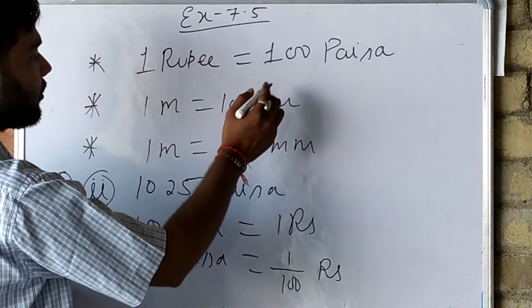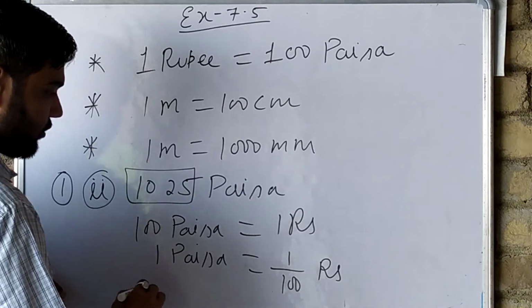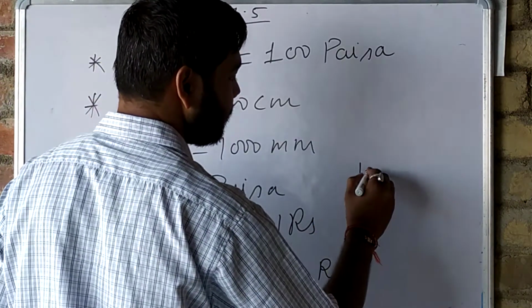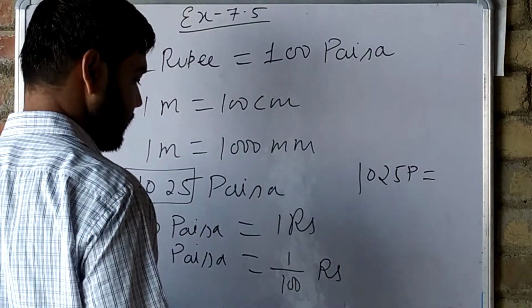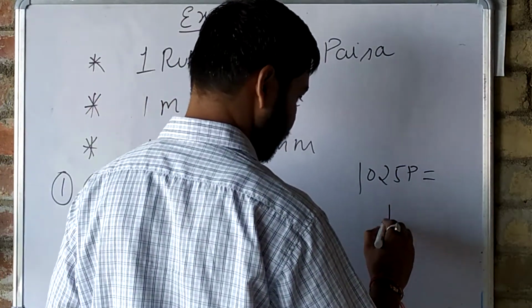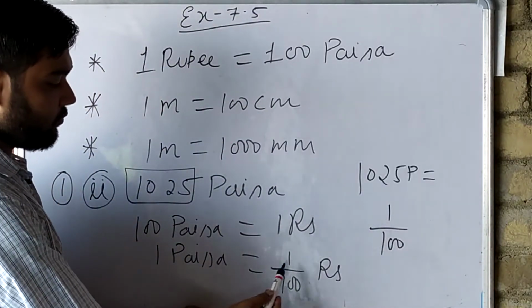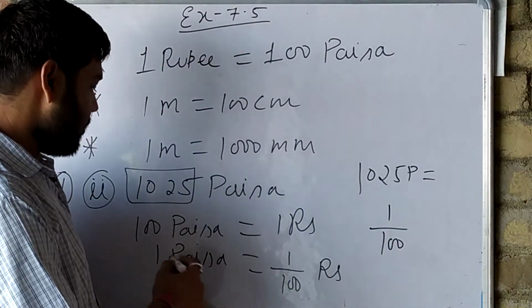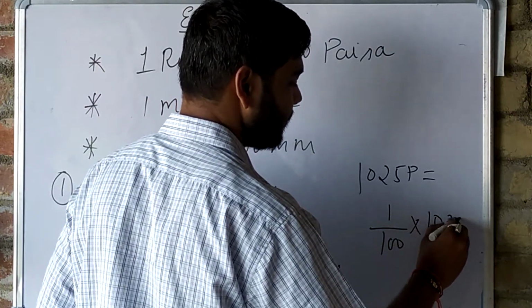So in 1025 paisa how much will we have? We have to find this. In 1 paisa we have 1 by 100 rupees, so it will multiply like this.